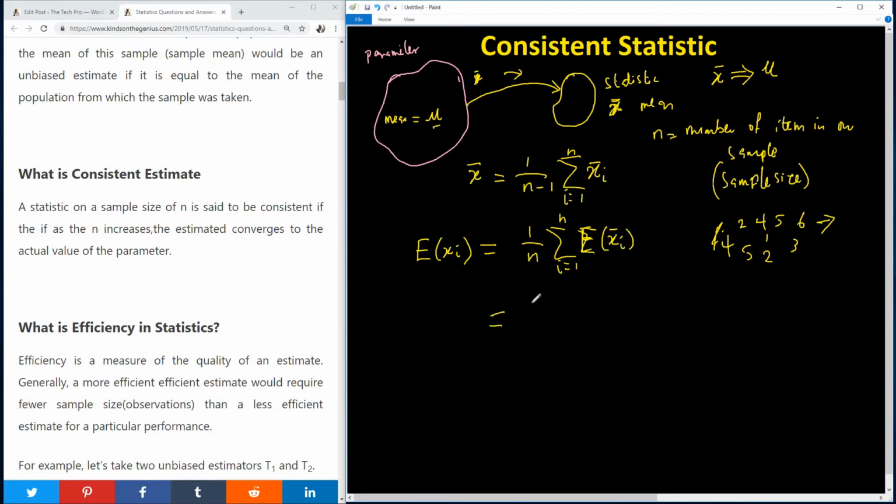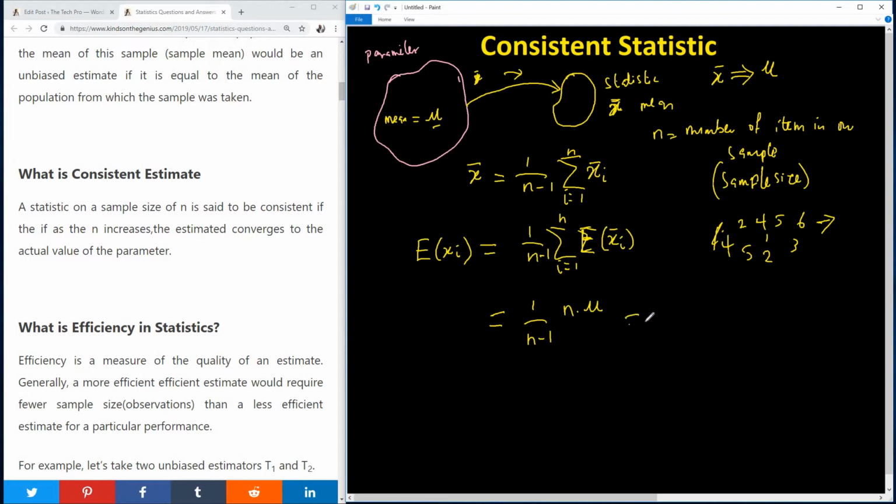So that will be equivalent to 1 over n minus 1, as I've written here. We are now counting all the items in our sample because we are taking one item at a time and we are taking n items. So it will be n times mu. We have collected n items and the expected value is mu.